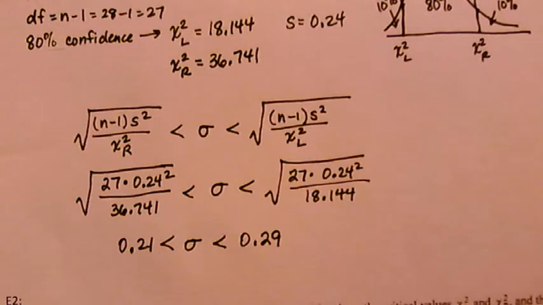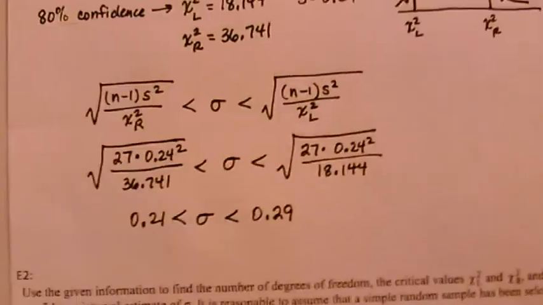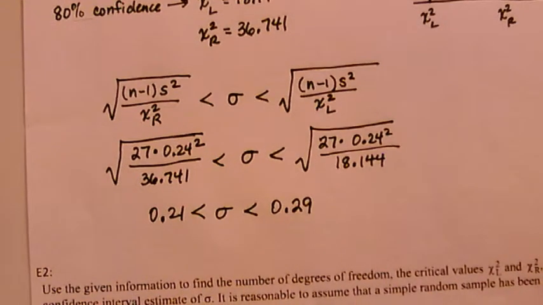So this is your confidence interval estimate for your population standard deviation. In this case, that's between 0.21 and 0.29.